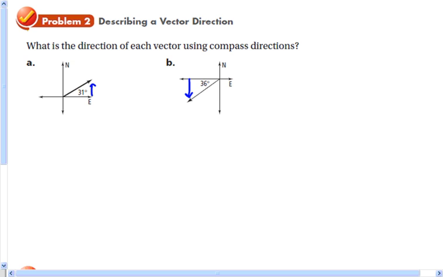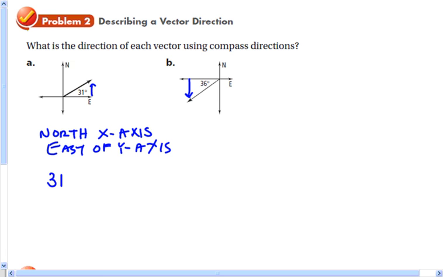It's pointed north, on the north side of the x-axis. And it's on the east side of the y-axis. So the way we're going to describe this is we're going to say that this vector is 31 degrees north of east.